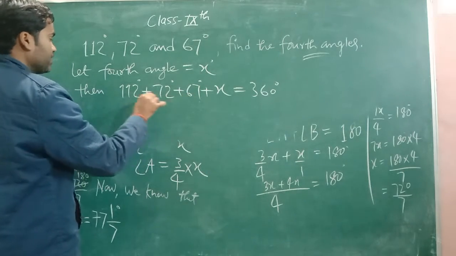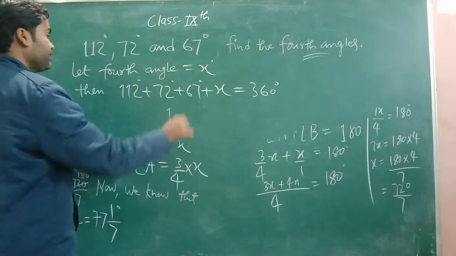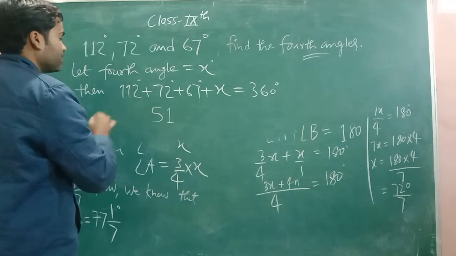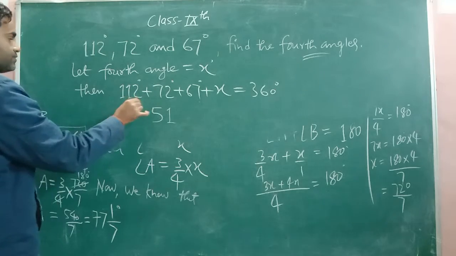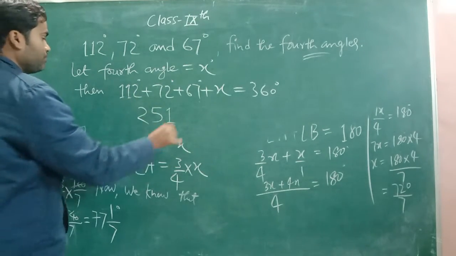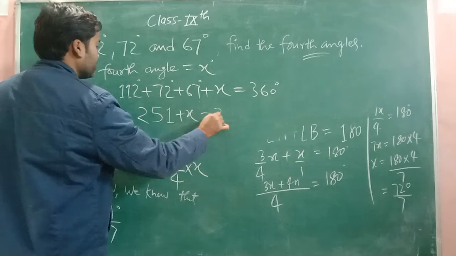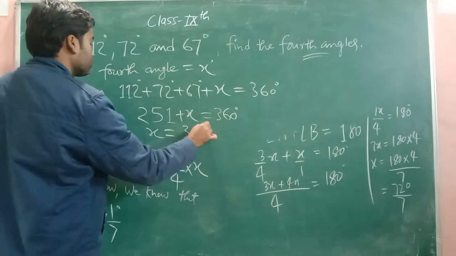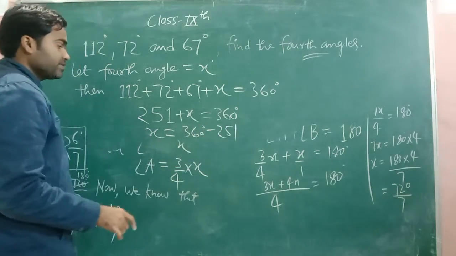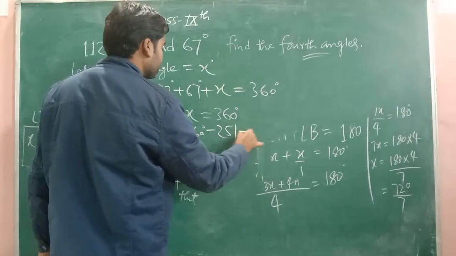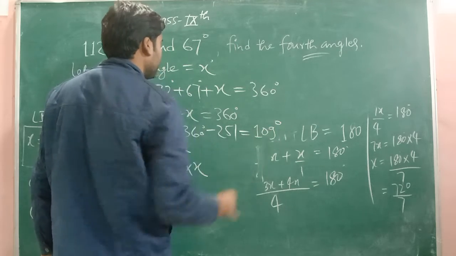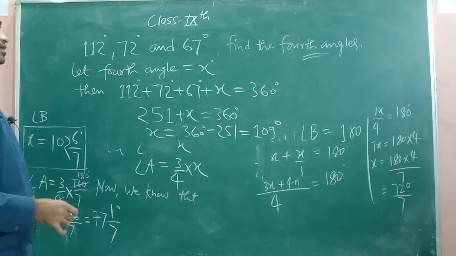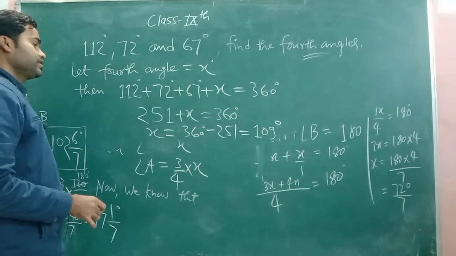So here 7 plus 2 plus 7... 251 plus x is equal to 360 degrees. x will be 360 minus 251, that is 109 degrees. So the fourth angle of this quadrilateral will be 109 degrees.